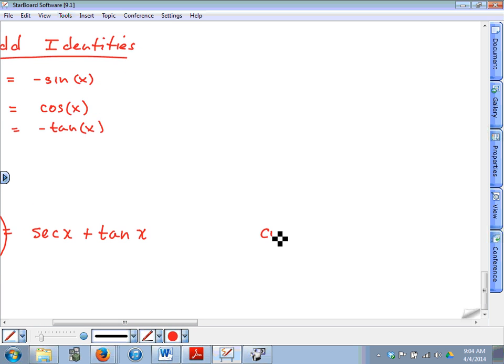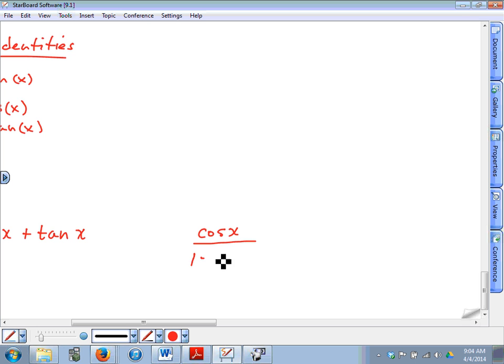So we're going to have cosine of x over 1 minus sine of x. Rather than using identities, we're going to do this. What's that called?